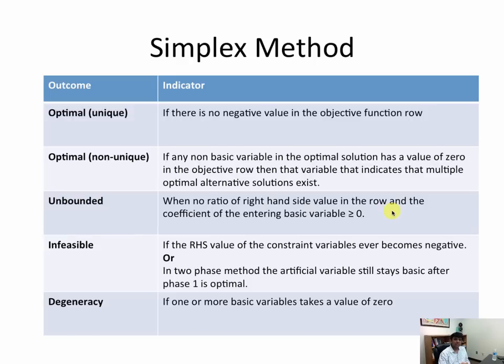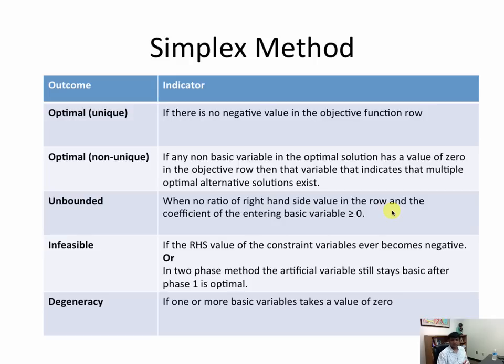And the indicators that we see while we are using the simplex method are: an optimal solution is reached if there are no negative values in the objective function row. We've used that. Then an optimal non-unique solution is attained when any non-basic variable in the optimal solution has a value of 0 in the objective row.